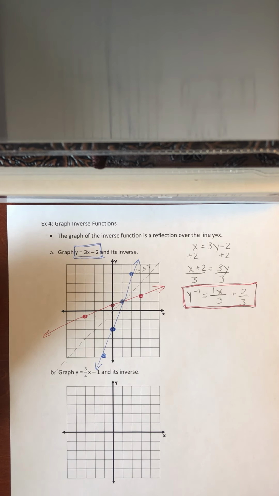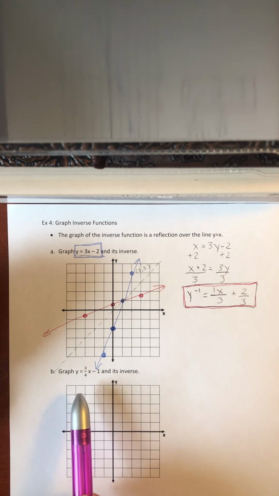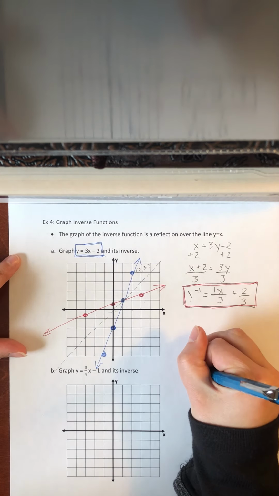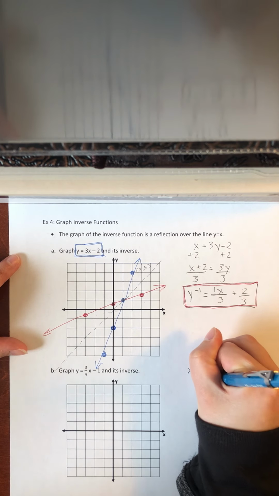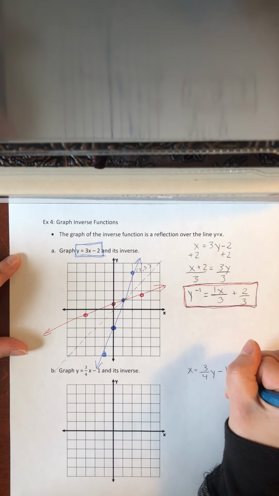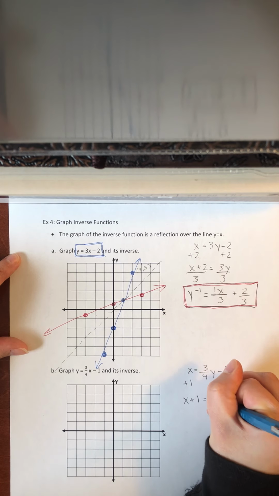Okay, next one. Graph y equals 3/4 x minus 1 and its inverse. So I'm going to go over here and I'm going to plug in x for y and plug in y for x. Now I'm going to solve for y, so I'm going to add 1: x plus 1 equals 3/4 y.